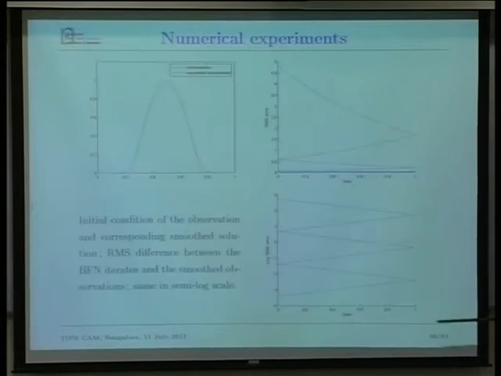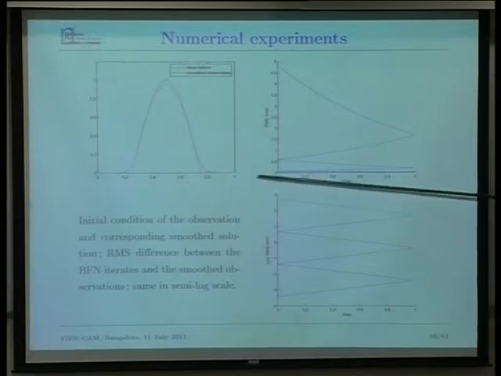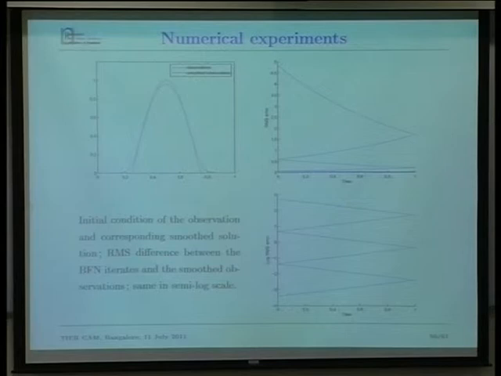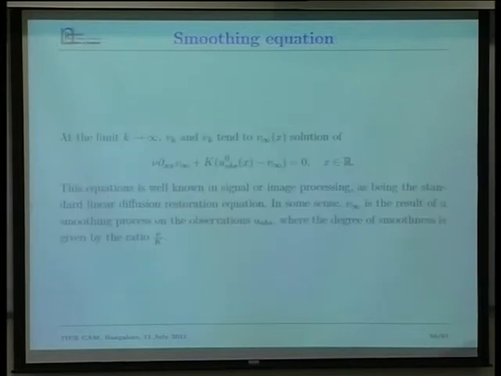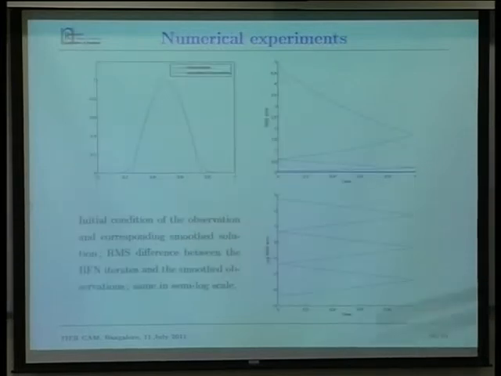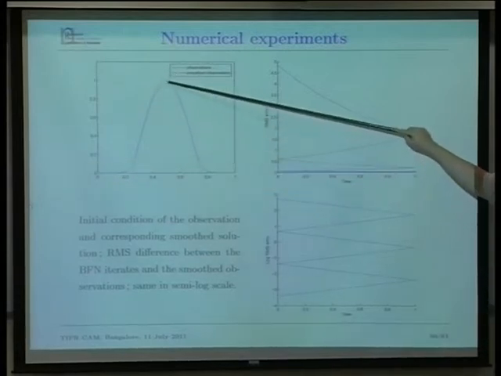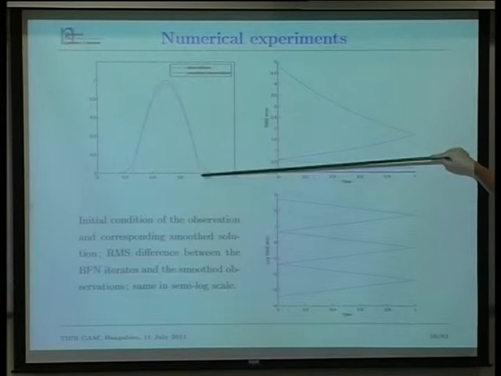And at the end, you converge to the blue solution here, which is exactly the solution of this equation here. So you smooth the red curve with the Laplacian, so it goes down here, and then here you have the smooth curve.